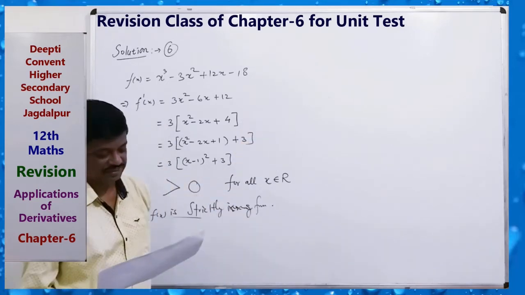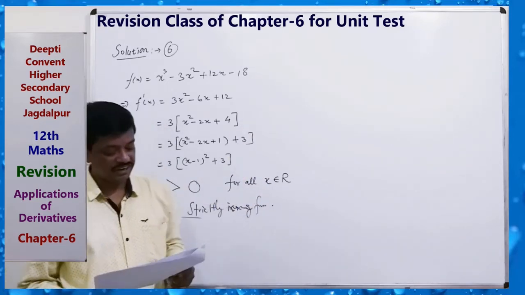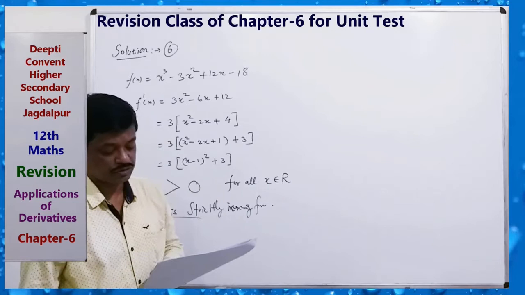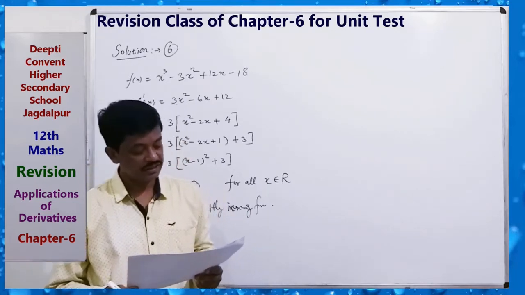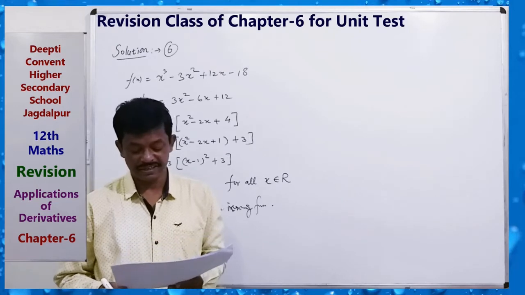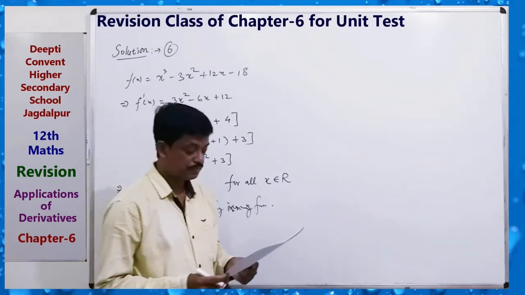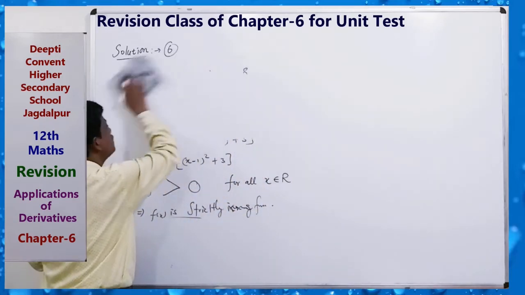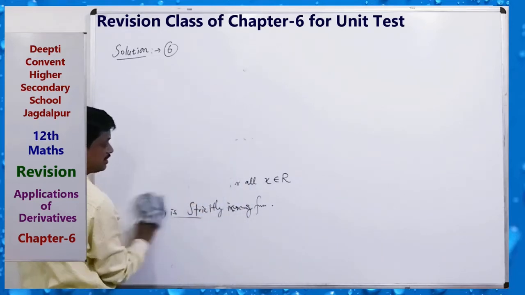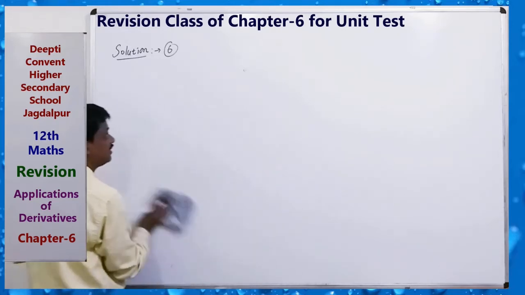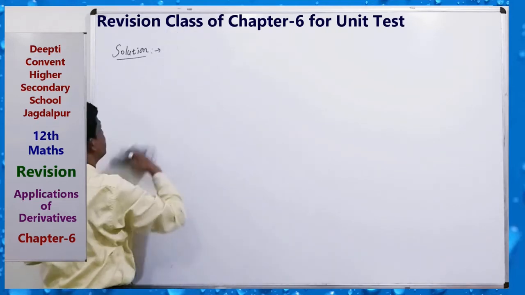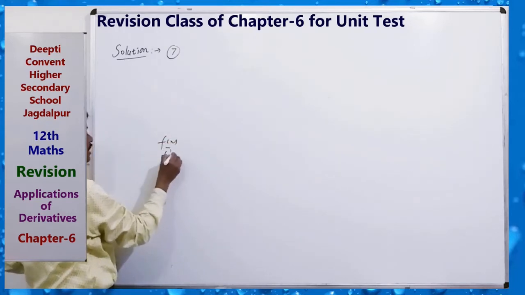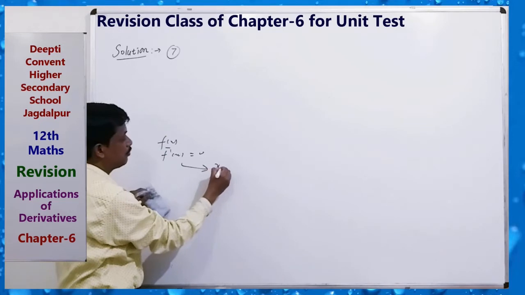Now question 7. What does it say? Separate the interval 0 to pi by 2 into sub-intervals in which the function f(x) equals sin to the power 4x plus cos to the power 4x is strictly increasing or strictly decreasing. For finding the interval in which the given function is increasing or decreasing, what are we doing? The function is given; find the derivative, equate it to 0, and find the points of x.